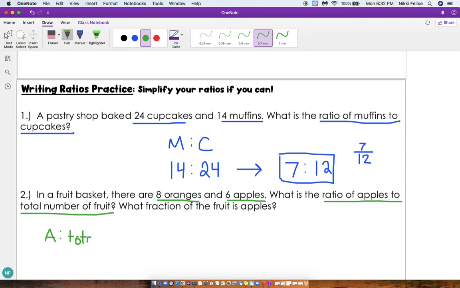This is going to be a part-to-whole ratio. Up top, in number 1, we did a part-to-part ratio because we compared the cupcakes to muffins. We didn't compare anything to the total amount of baked goods. Whenever we have the total, like in number 2, this is a part-to-whole ratio. Number 1 was a part-to-part ratio.